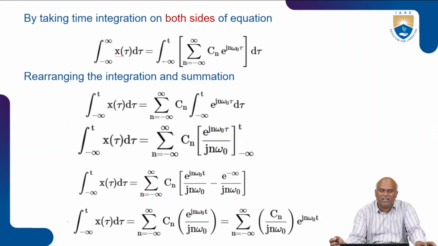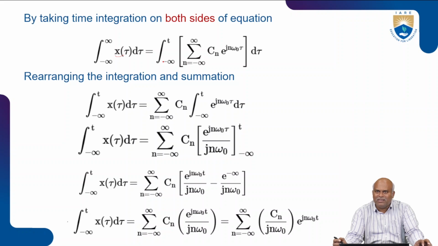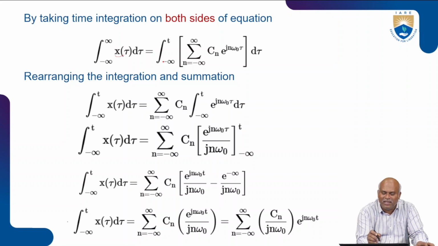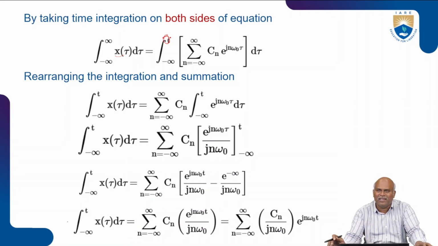Then on the right side we also add the integration from minus infinity to t of the summation of n equal to minus infinity to plus infinity of C of n e power j n omega 0 tau d tau. Here we mention t. Why? Because our case converted tau to t. That's why I write t here. We need to terminate the interval at small letter t.